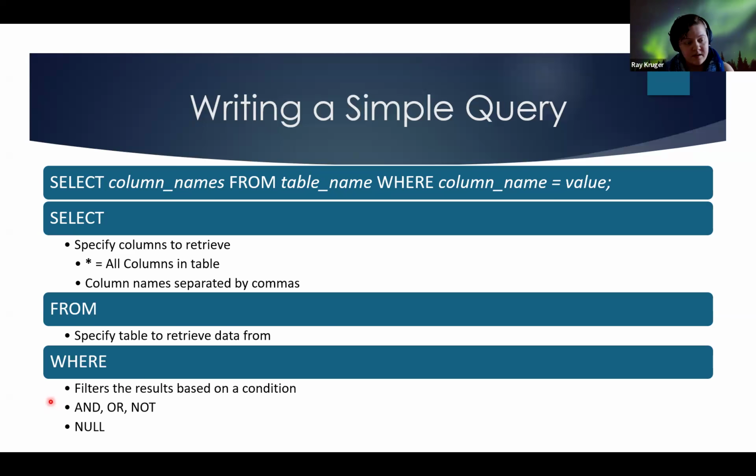And then where, you can just do a simple equals, or you can do an and if you want more than one condition, or to get either or condition, or not if you don't want that condition to be true. Null is where if the condition, or if the value is blank, you write null, or not null if you want it to give you none that are blank conditions.